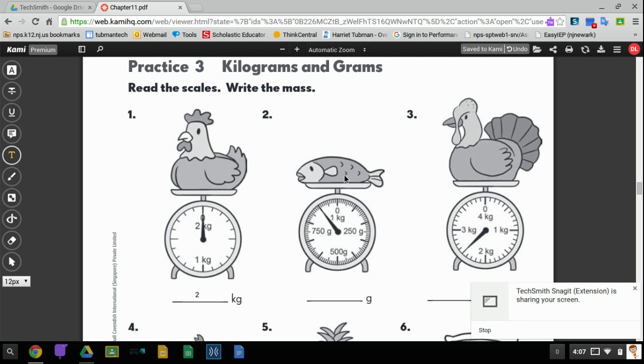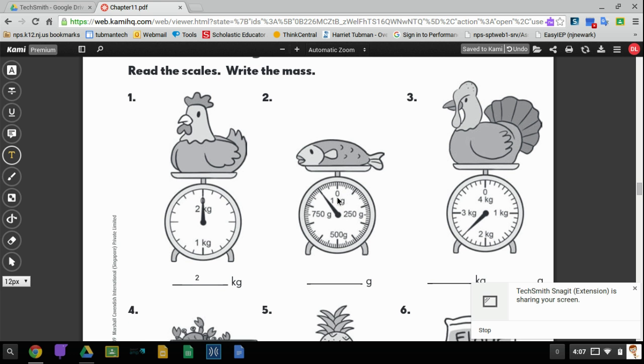Number 2, let's look at the fish. We have to figure out what each one of these lines represent. I'm going to draw it right here. This line represents 250, that represents 500, and that represents 750 grams.